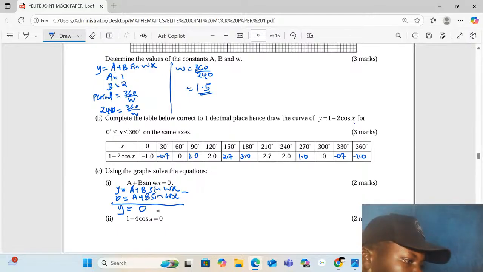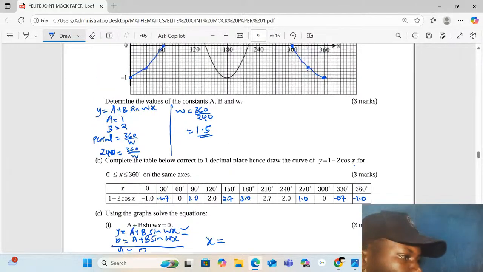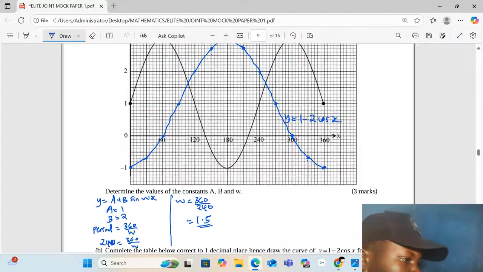So having this and our equation, the first one, the graph that they have drawn for us, you look to the points where y is equal to 0. That is now going to be your values for x. Anywhere where the curve is cutting, where y is 0.